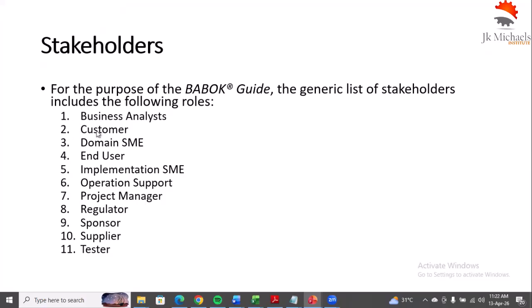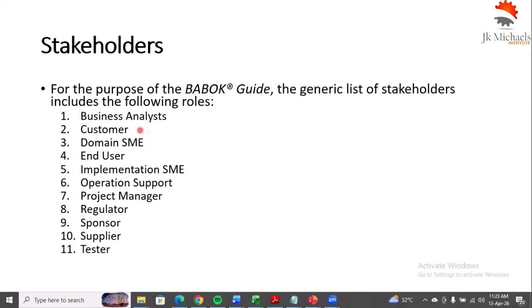The customer a lot of time is going to be a user, or would pay for the solution, be a major stakeholder in the use or the payment possibly of a solution, right, or a business analysis work. A domain subject matter expert is one that uses the domain, that is going to be probably a fundamental user of the solution.